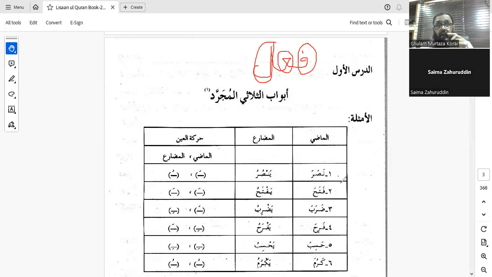Yes, sir. Al-Mujarrad means there is no addition of any letter to those three letters. There is no additional letter added to these abwab, right? Is that clear? Yes, sir. Is that true?